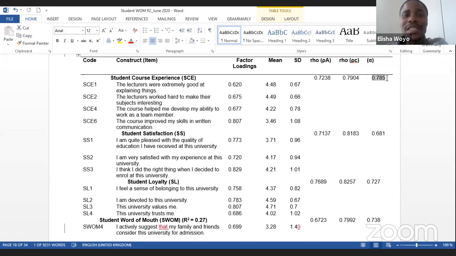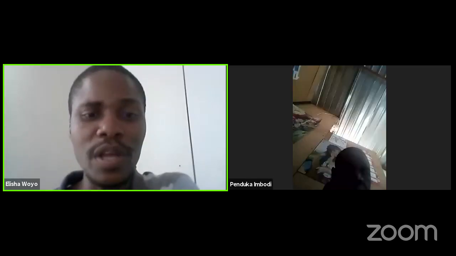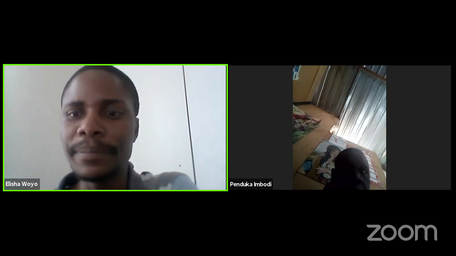If it doesn't load at least above 0.7, then that factor has to be deleted because it is not internally consistent. It doesn't help you to do a lot of stuff in your analysis.